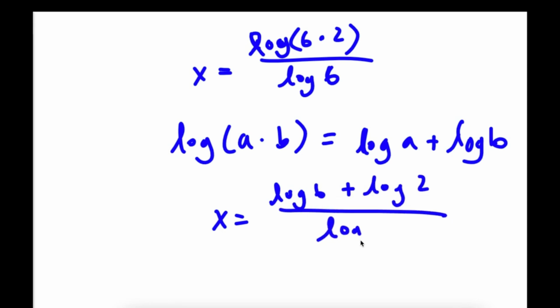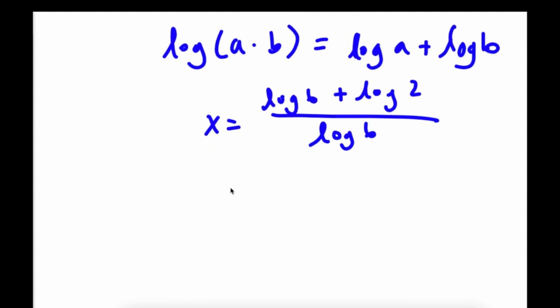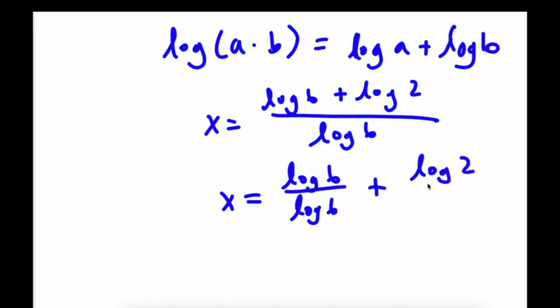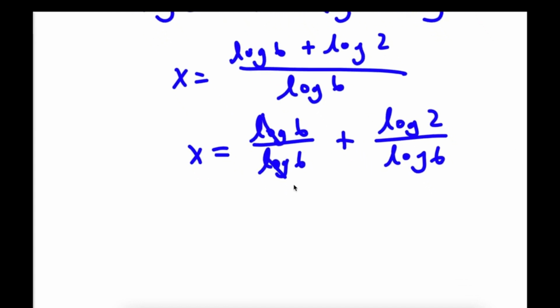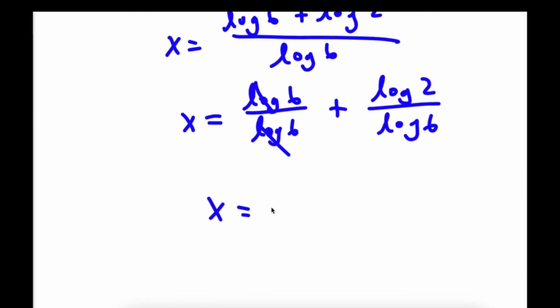And we're dividing this by log 6. So now we can rewrite this as log 6 over log 6 plus log 2 over log 6. For log 6 over log 6, those two cancel out, so that would equal 1 plus log 2 over log 6.